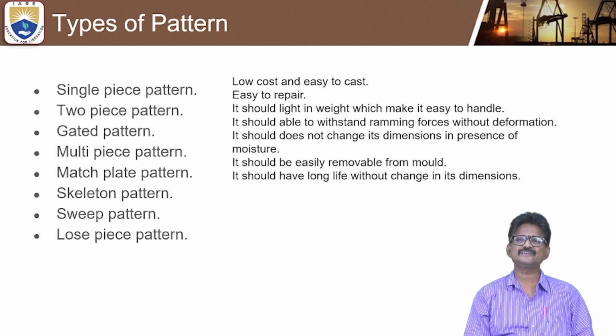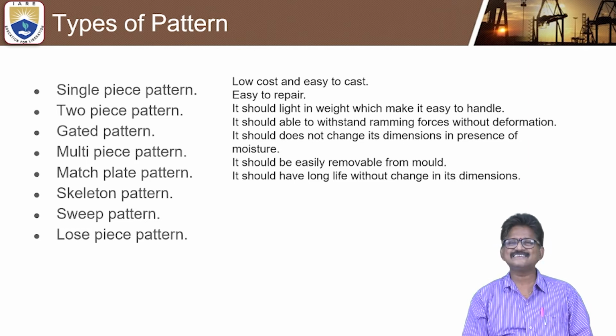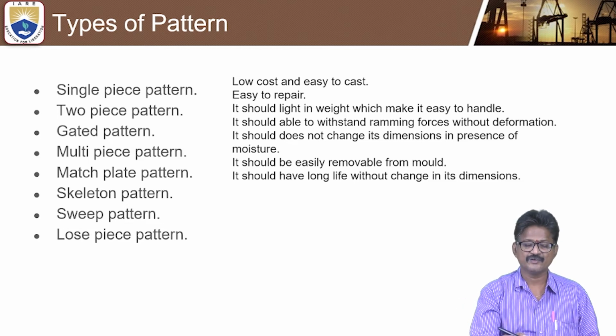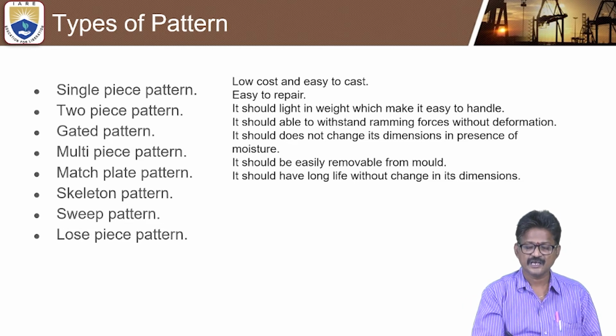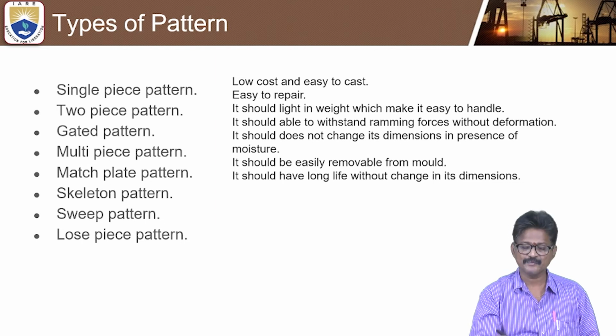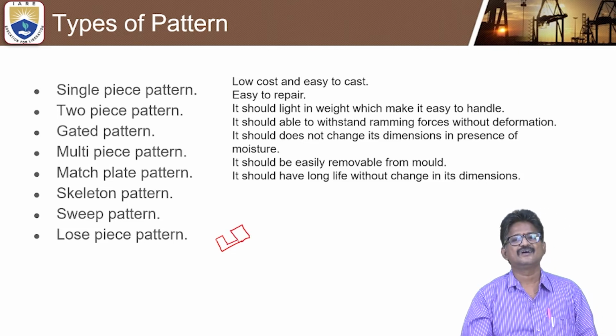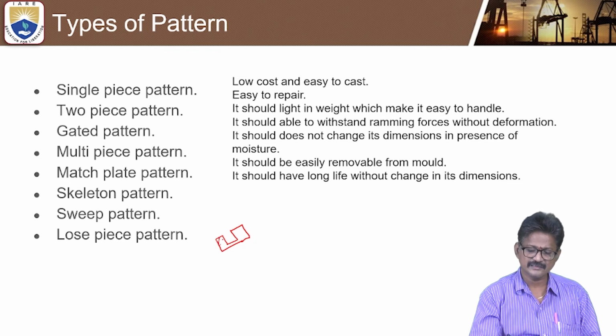One most important parameter. So now let us see the single piece pattern. For example, when you want to produce a single piece, say I want to produce a component like this. This is one piece. So this is a single piece.